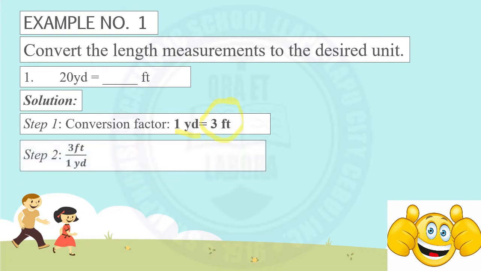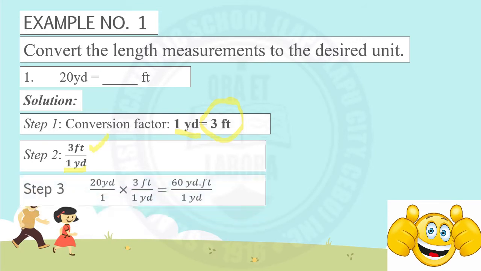Step 2. 3 feet over 1 yard. Why is our 1 yard put at the denominator? Because we need to cancel out yard over yard so that we can get feet.